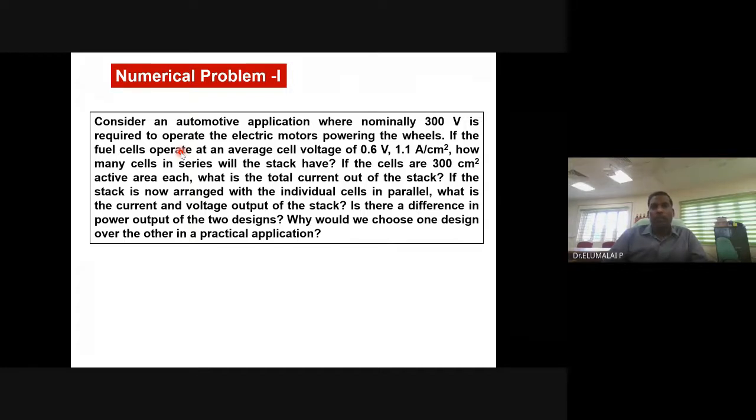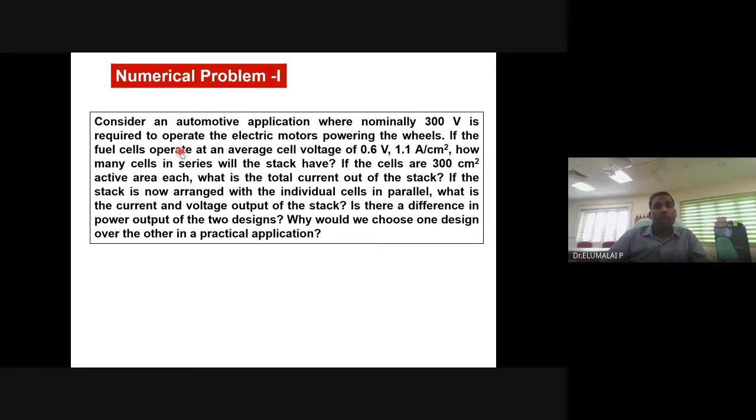Consider an automotive application where nominally 300 volts is required to operate an electric motor to power the wheels. If the fuel cells operate at an average voltage of 0.6 volts and 1.1 amperes per square centimeter, how many cells need to be connected in series to form the fuel cell stack? If the cells have a 300 square centimeter active area, what is the total current you can get from your stack?